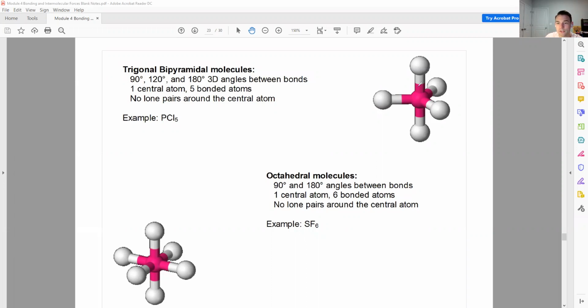Depending on which bond you're talking about, you can have a 90, a 120, or a 180 bond. It's one central with 5 bonded and no lone pairs around the central atom. And our example is going to be PCl5, phosphorus pentachloride, 1, 2, 3, 4, 5 chlorines, of course, with their lone pairs.